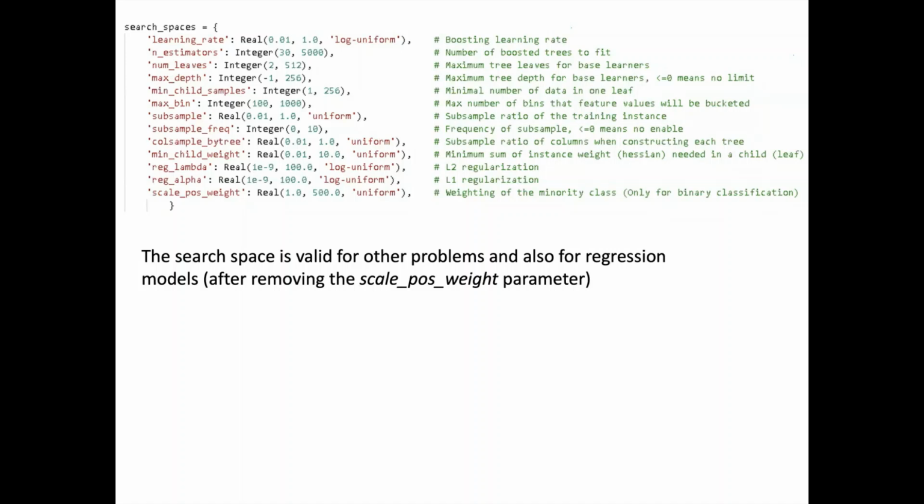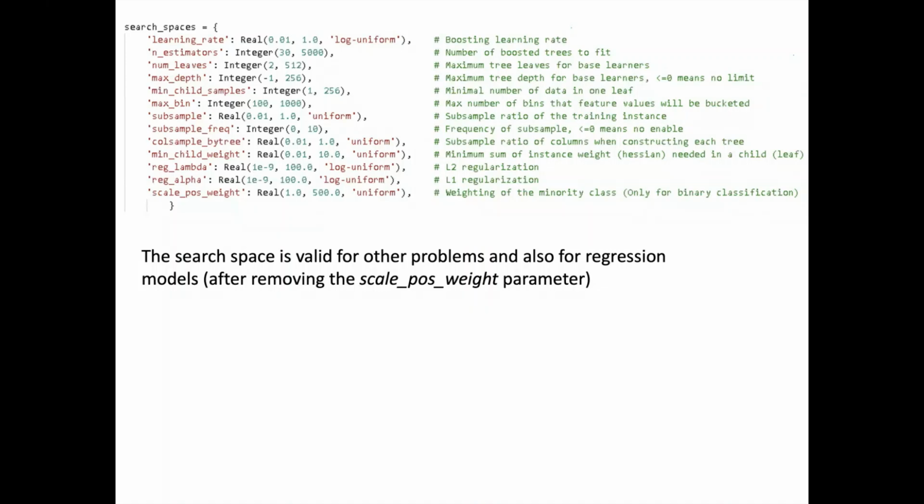And then you have some probabilistic hyperparameters, subsample and subsample frequency, and colsample by tree, which represent how you sample from examples and from features in order to have a more stochastic approach to your estimation with LightGBM.